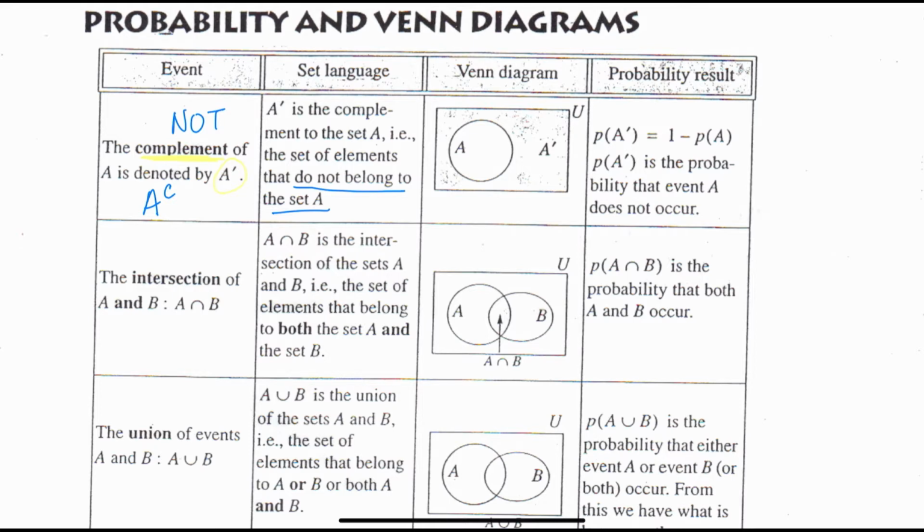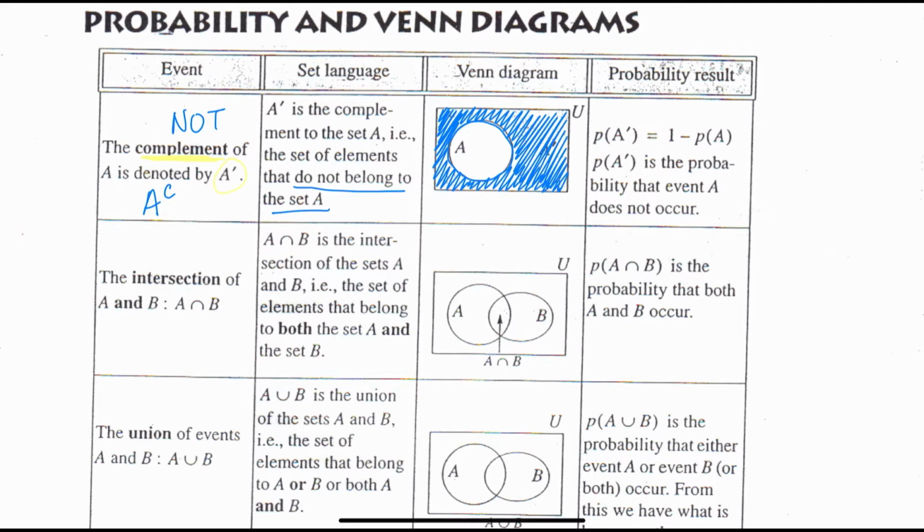In the case of a Venn diagram, if this circle right here represents everything that's in set A, then A complement would be everything that is outside of A. So you would have to shade everything that's outside of A. So that's what your Venn diagram would look like.